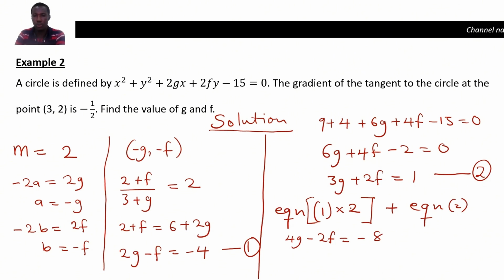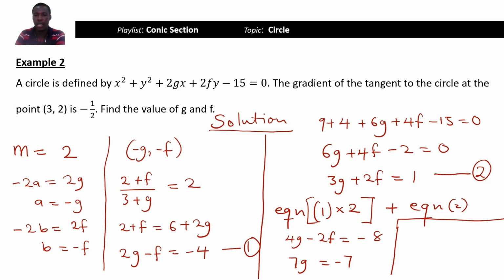Now adding this to equation 2, 4g plus 3g will be 7g, and then 2f minus 2f will go away. 1 minus 8 will be equal to minus 7. And so from here, when I divide through by 7, g will be equal to negative 1.